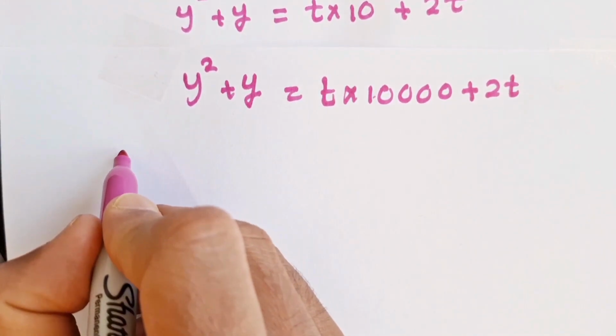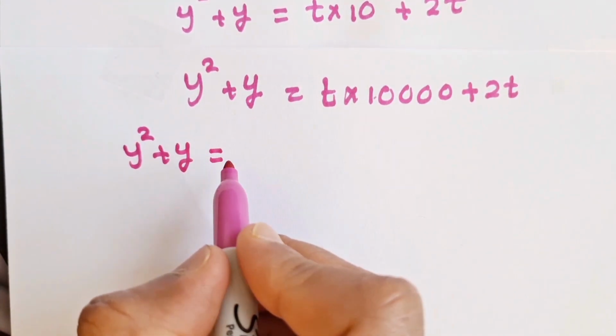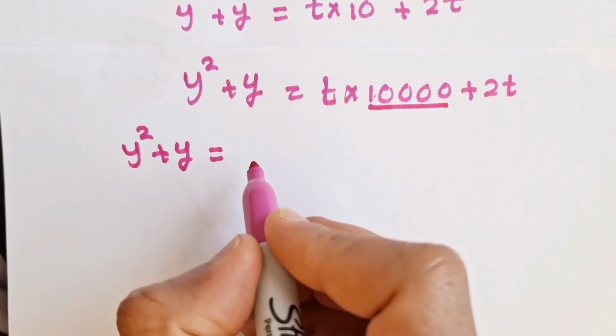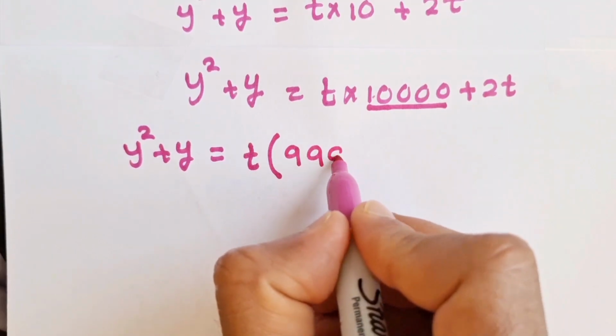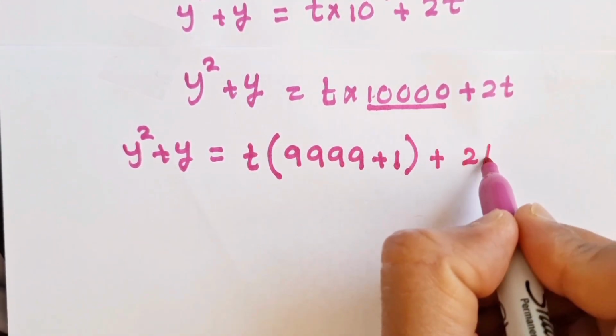Now we have y square plus y is equal to t times 10,000, which can be written as 9,999 plus 1 plus 2 times t.